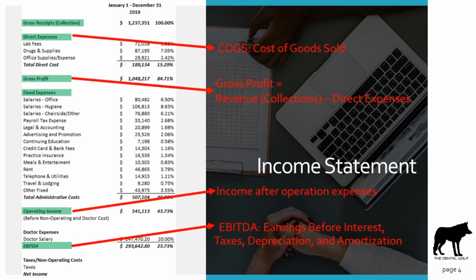Well, that interest expense is going to vary between different practices and different practice owners. And so EBITDA levels the playing field between different practices because it ignores that interest expense. It just looks at how much of the business is actually producing regardless of all these other factors. We'll dive into this in valuations. EBITDA is going to be the most useful number in valuating a practice.